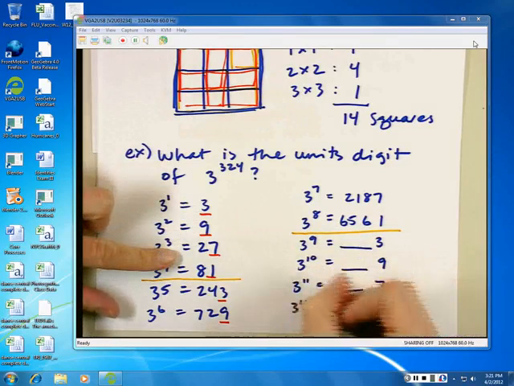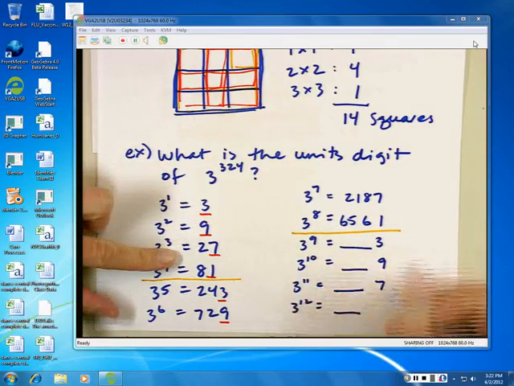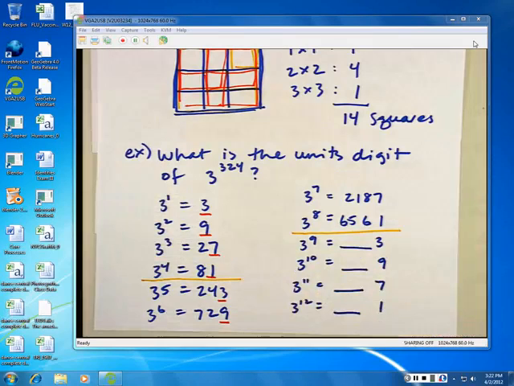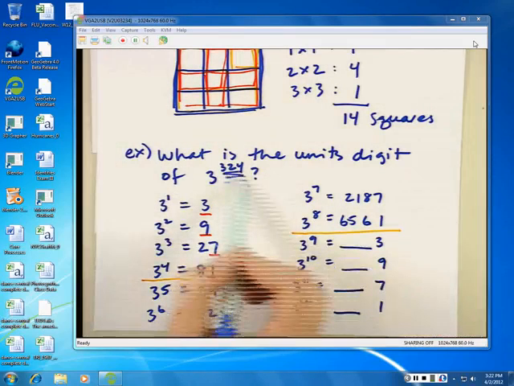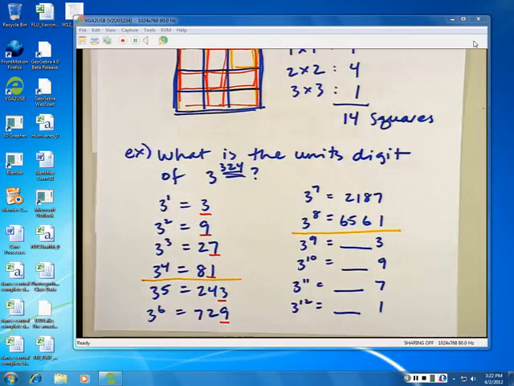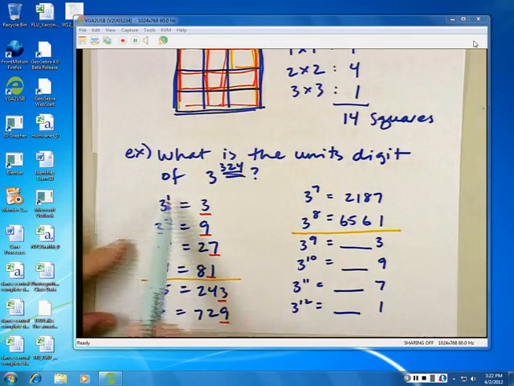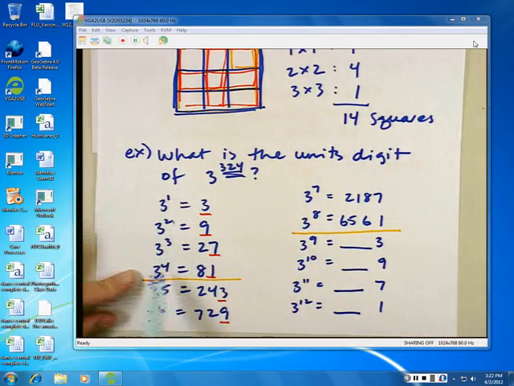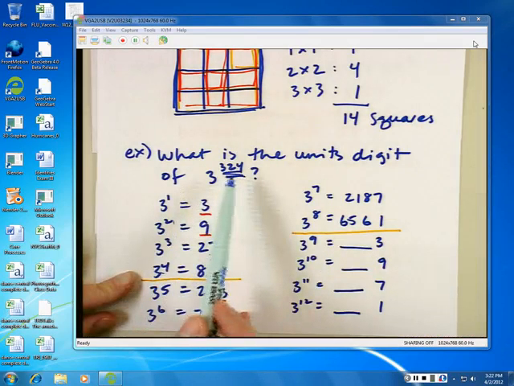And 3 to the 12th must end in a 1. Okay, so I see the pattern, but I've got a long ways to go before I get to 324. Well, really what I notice is that I'm taking my powers, 1, 2, 3, 4, and I'm grouping them into 4s. So really now the question becomes, how many groups of 4 go into the power 324?